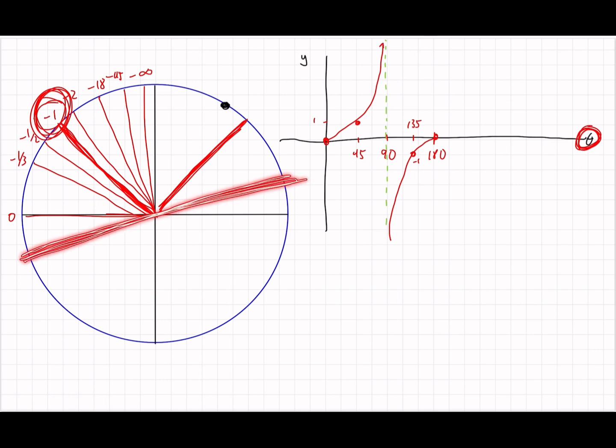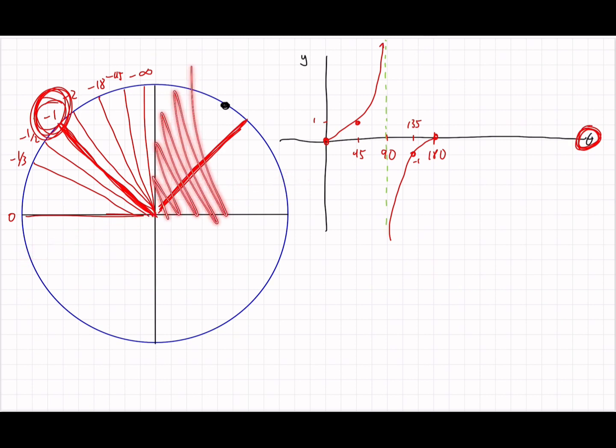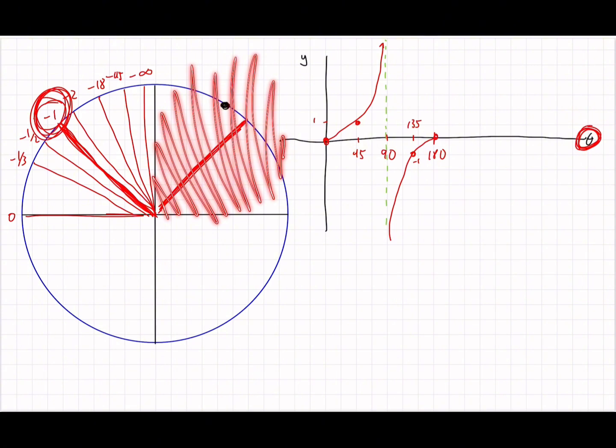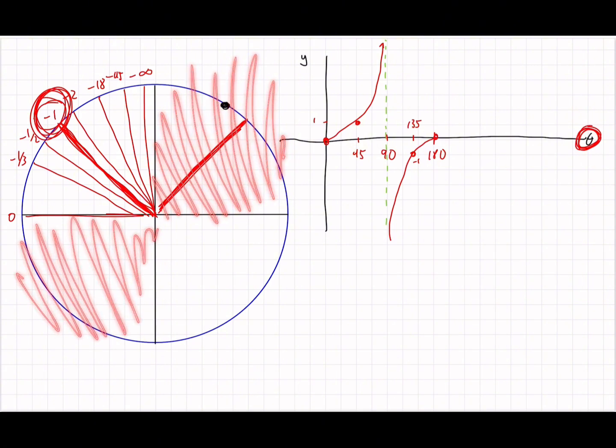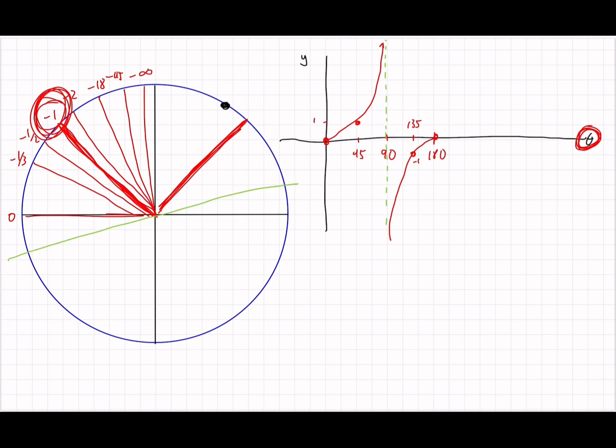What that means is that the changes in slope for this first quadrant are going to be exactly equal to the slope changes in the third quadrant, right? Because the same lines pass through. This line can be used for the first quadrant, but it can also be used for the third quadrant, and it has the same tangent value, the same slope.